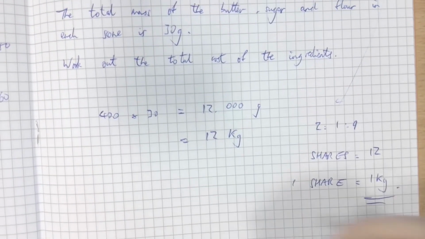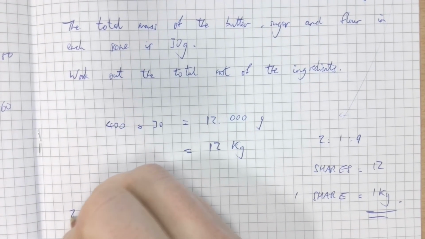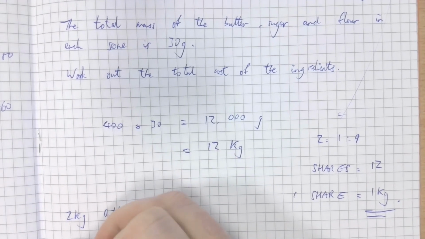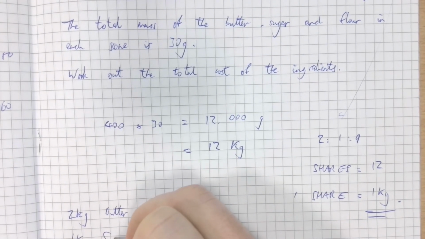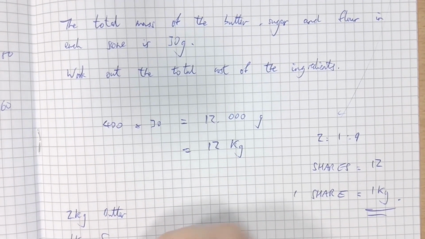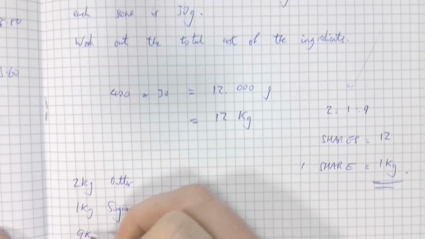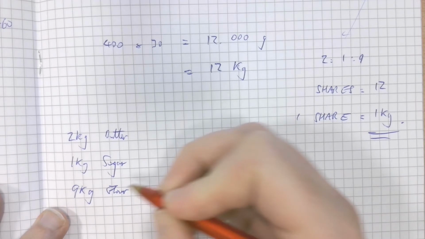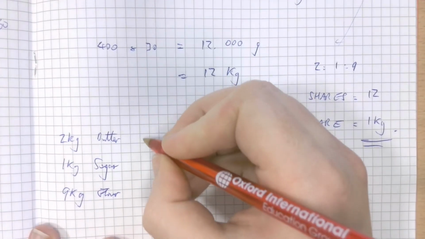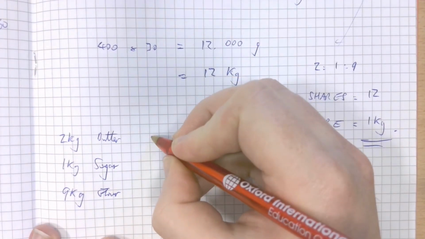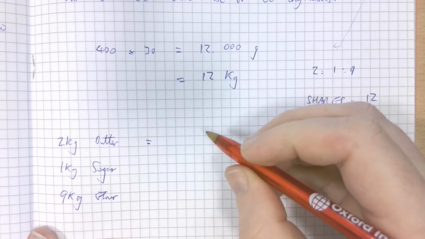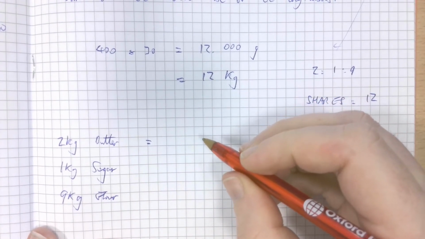Okay, so let's draw that up. 2 kilograms of butter, 1 kilogram of sugar, and 9 kilograms, let me just move that up so you can see it, of flour. In terms of working out what these cost, let's figure this out. The cost of 500 grams for butter was £2.20.